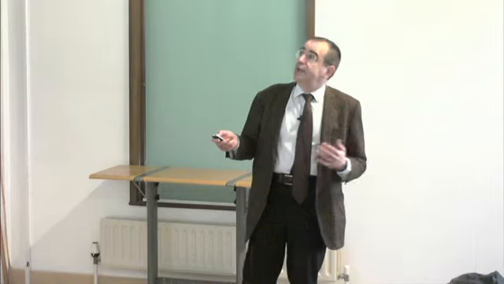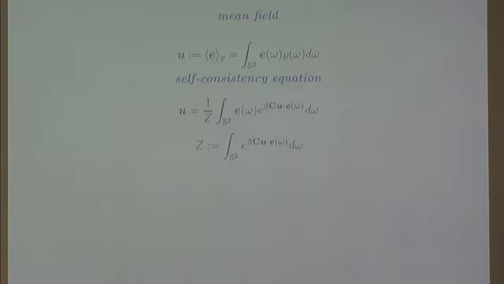So we define this mean field, which is nothing but the average of the spin in the one particle distribution function, and of course the self-consistency equation associated with this mean field is the traditional one. In this case, the mean field is a vector, which is not necessarily a unit vector.